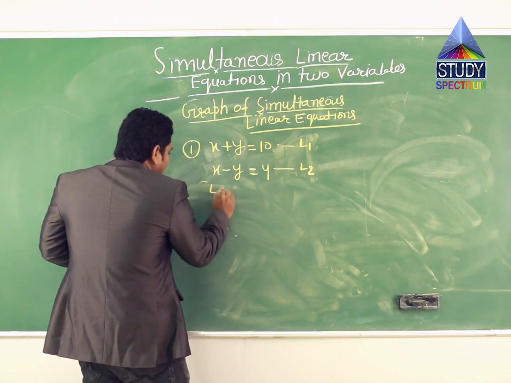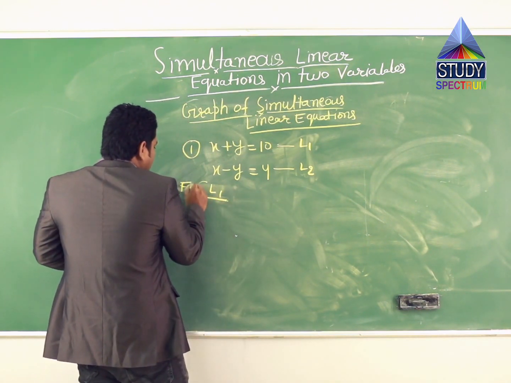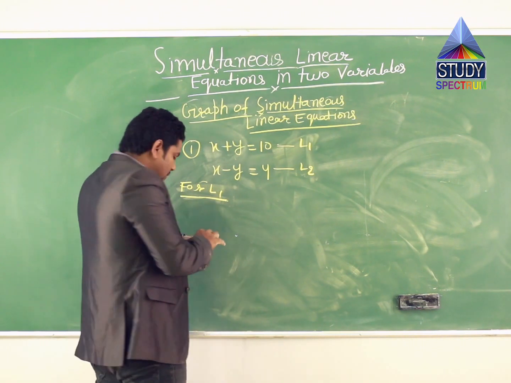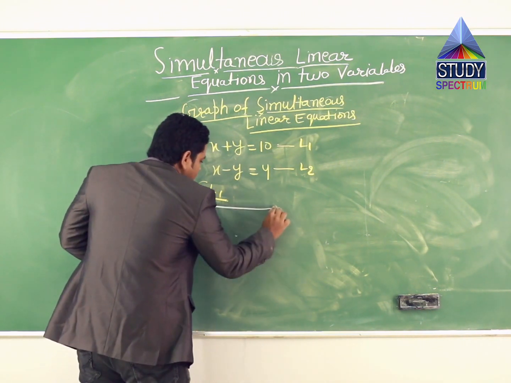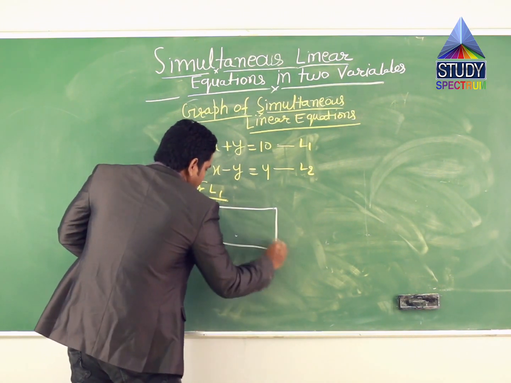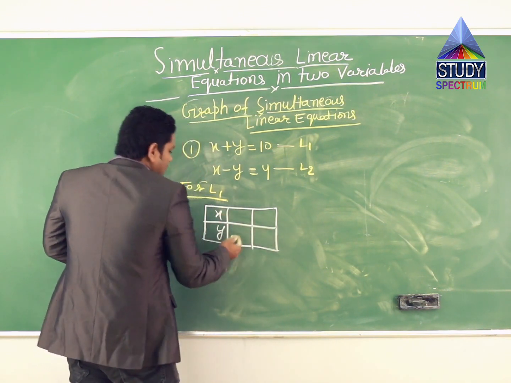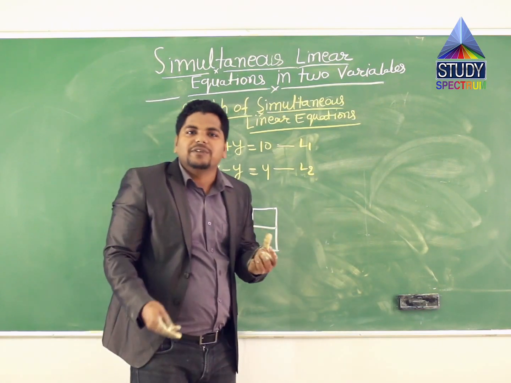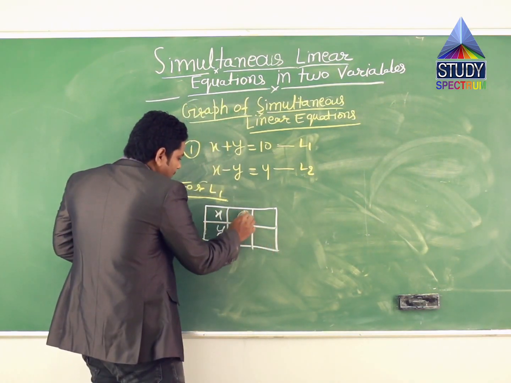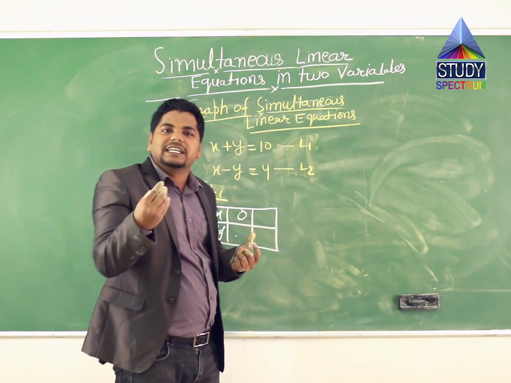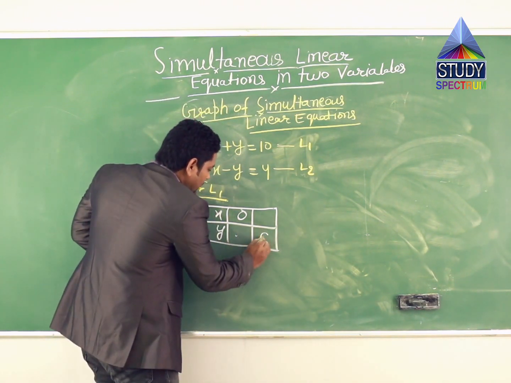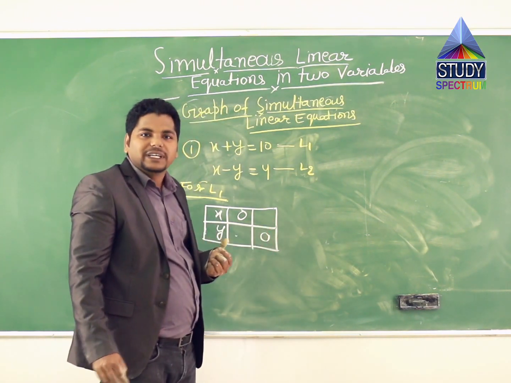So for line L1 we'll make a table first of all, x, y. For getting the first point, we'll put x equal to 0, and for getting the second point, we'll put y equal to 0. Okay.